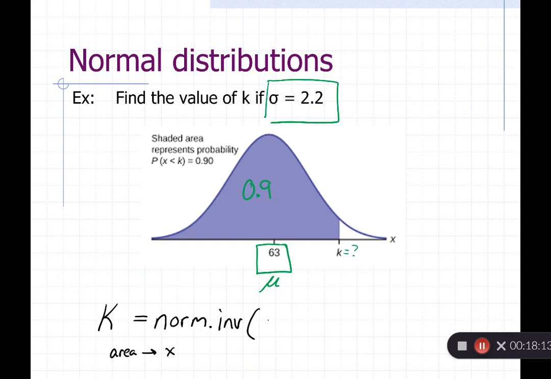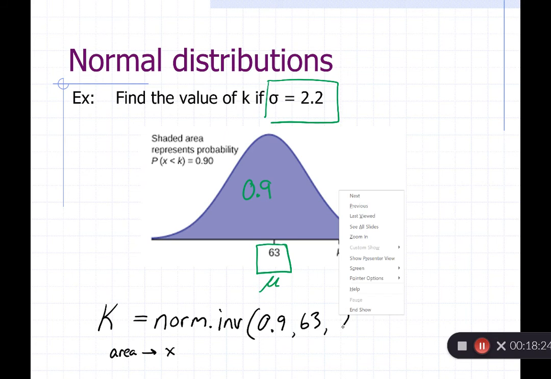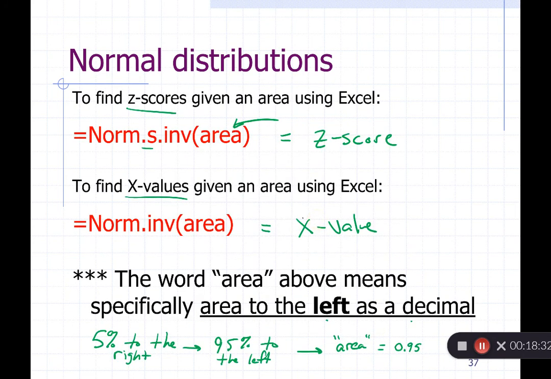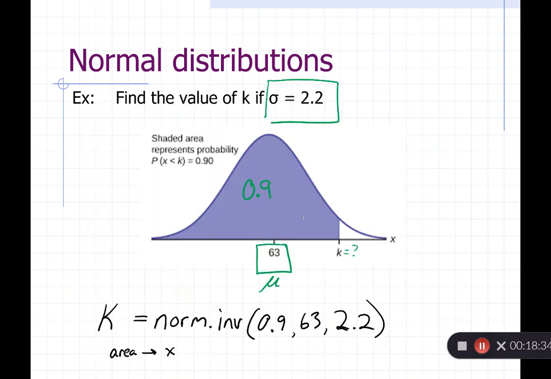Okay, so the area to the left is 0.9. The mean is 63. The standard deviation is 2.2. Okay. And that should cover all of them.